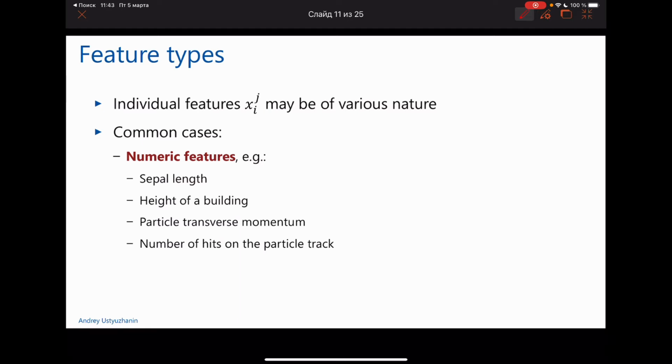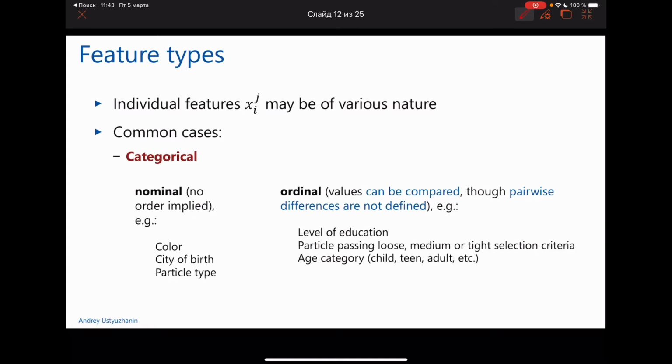So features could be of different kinds. It could be a numeric feature that allows comparison of values between two different instances. Or it could be a categorical feature. In some cases, you cannot compare them directly, like different colors or different cities or types of particle.